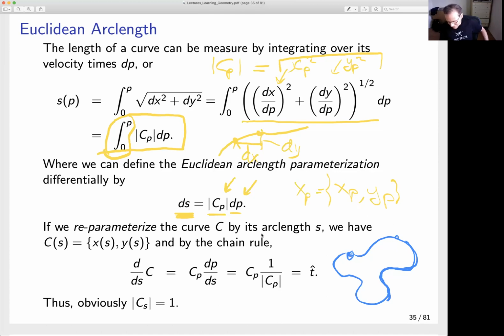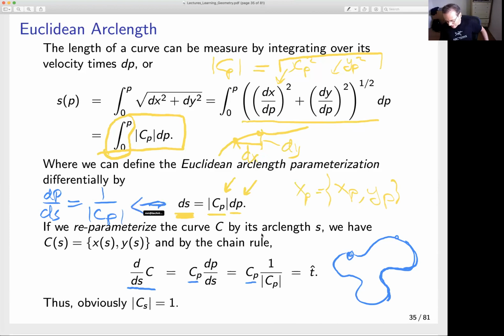What I know should happen is that if I use the chain rule, what I'm getting is that C_s equals C_p times dp over ds. Now what is dp over ds? From here, we see that dp over ds equals nothing but 1 over |C_p|.